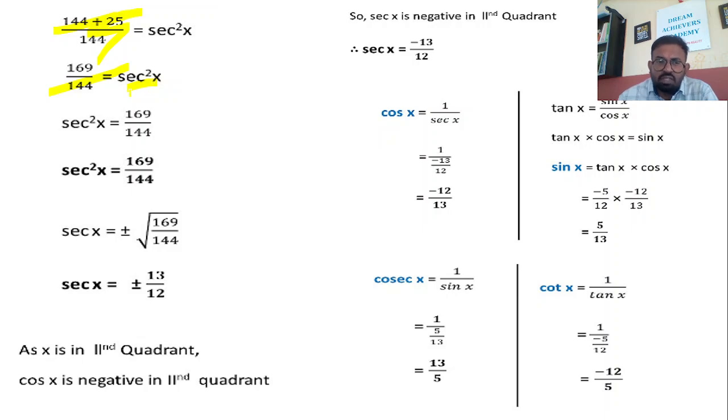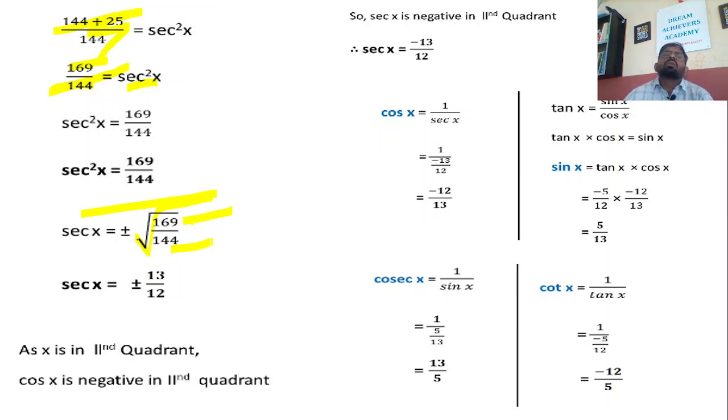Therefore, 169 is a perfect square and 144 is a perfect square. So applying the square root on both sides, I will get secant x as the square root of 169 by 144. Secant x is plus or minus 13 by 12, since 169 is 13 square and 144 is 12 square.